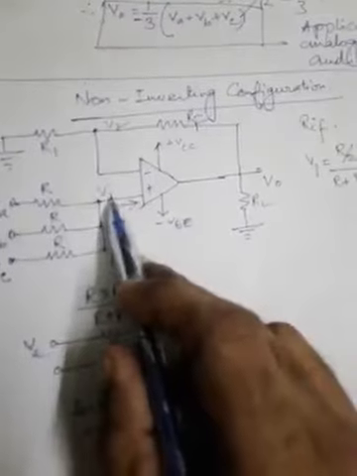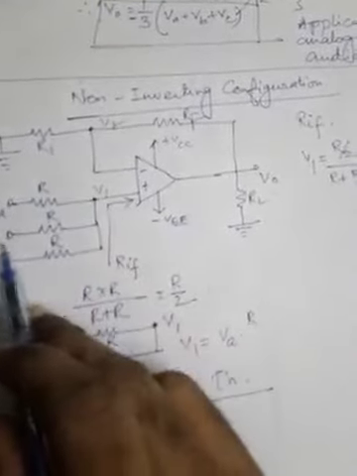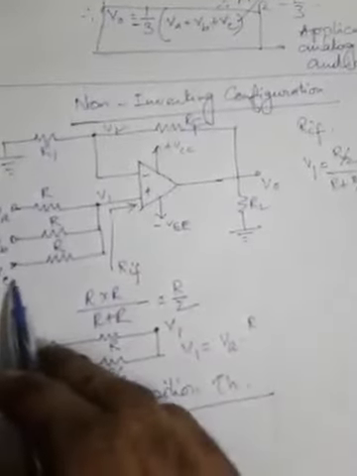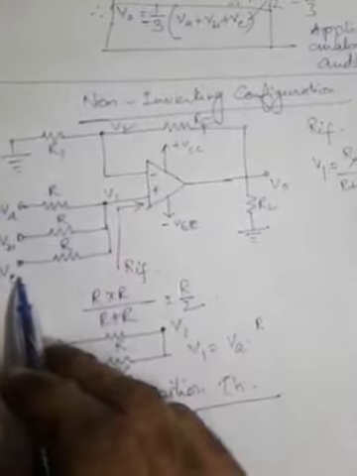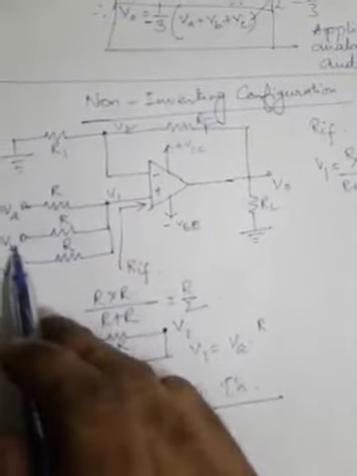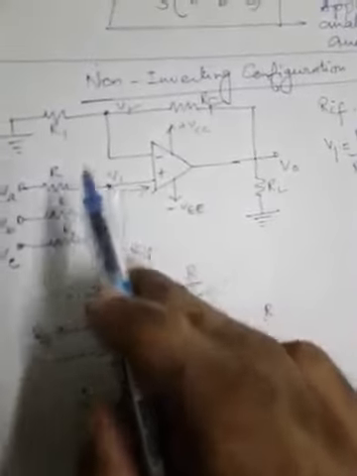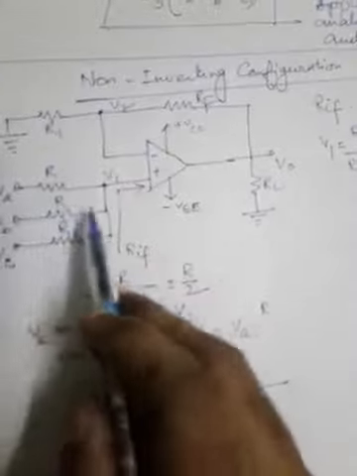When V1 is to be found with respect to VB, then VA and VC will be shorted to ground. When V1 is needed to be found with respect to VC using the potential divider rule, VA and VB should be connected to ground. So this is the way the superposition theorem works. And finally, whatever is found for V1 with respect to VA or VB or VC, all the three results should be algebraically added, and that is the superposition theorem.